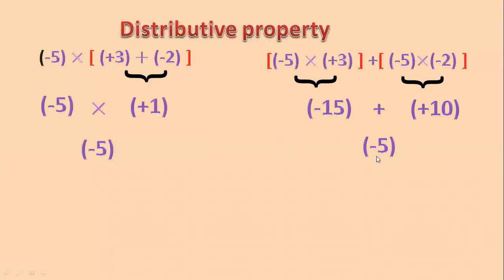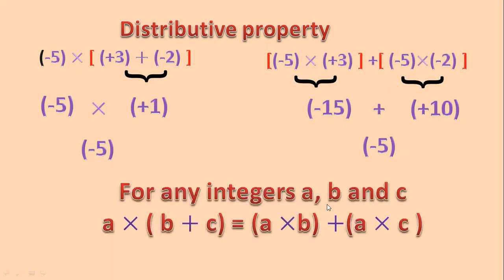Different sign, so you have to subtract: minus 5. If you do it in 2 different ways, you will get the same answer. So for any integers a, b and c, a into (b plus c) is equal to a into b plus a into c.